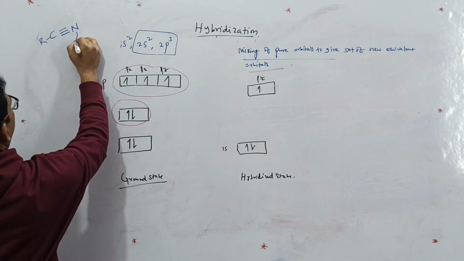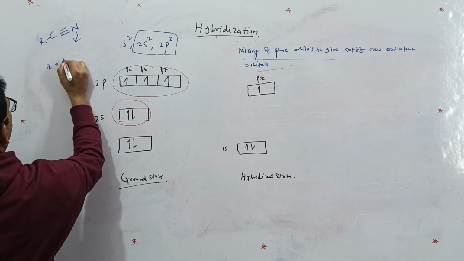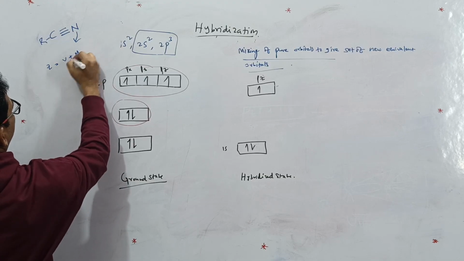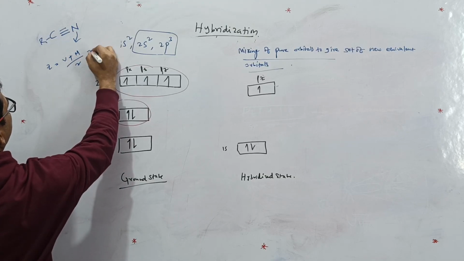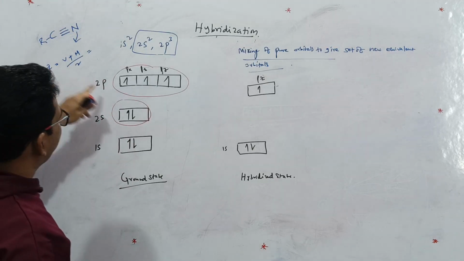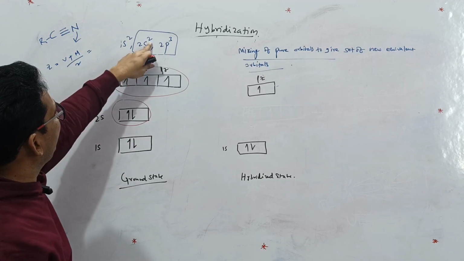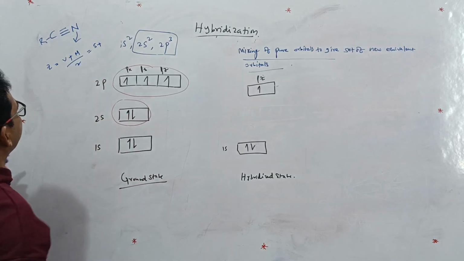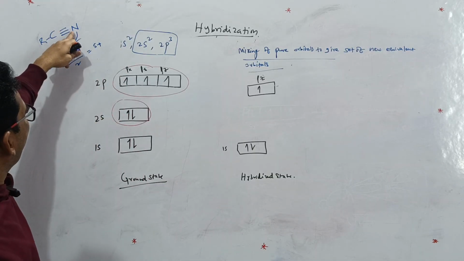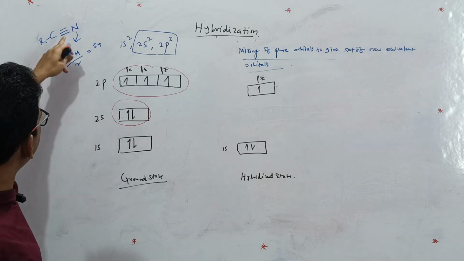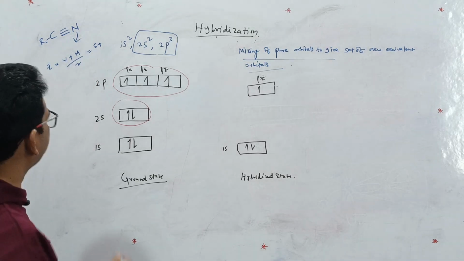Now you can take the same formula, Z is equal to V plus M by 2. V is for the central atom. How many valence electrons are there in the outer shell? 5. 5 plus, are any monovalents attached to this one? No. No monovalents, no hydrogens, no halogens.